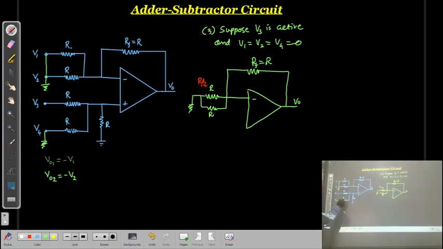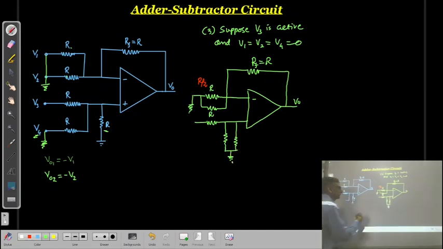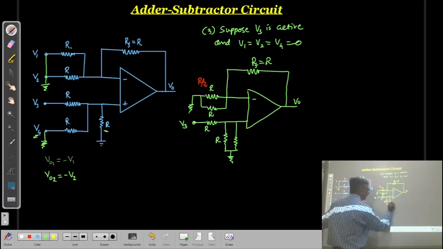Now look at this point. Here V4 is connected to ground, and this resistance is also connected to the ground. So here we can have this kind of situation. Correct? And this is my input voltage V3. So R is there, R is there, R is there.